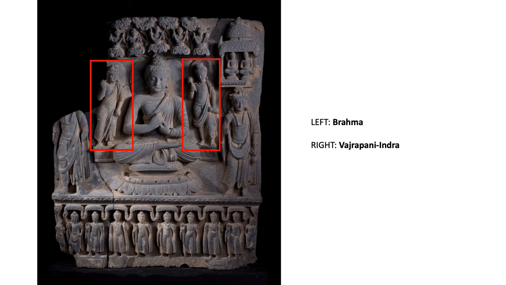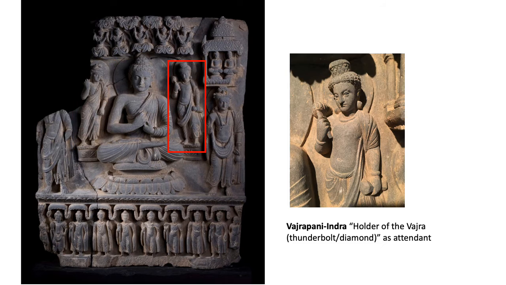Two attendant figures are to the immediate right and left of the Buddha. Both are pre-Buddhist in origin. Their incorporation into a Buddhist setting symbolizes the universal nature of Buddhist teachings. Brahma, a creator god within Hinduism, is to the left. He can be identified by the matted hair of an ascetic. To the right is Vajrapani, or holder of the thunderbolt, also described as Indra, an ancient Indian Vedic deity. Indra becomes the king of the highest Buddhist heaven.